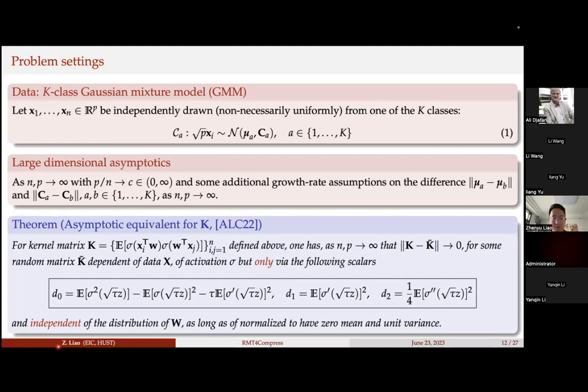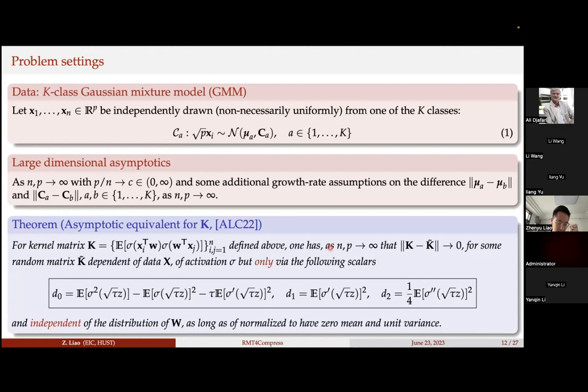And more surprisingly, perhaps, it's independent of the distribution of the random weights, as long as the random weights have zero mean and unit variance. So just take a step back and think about this result.